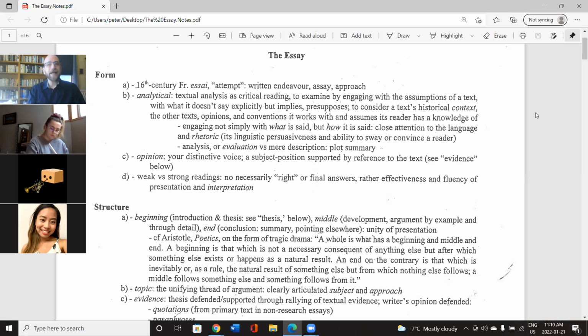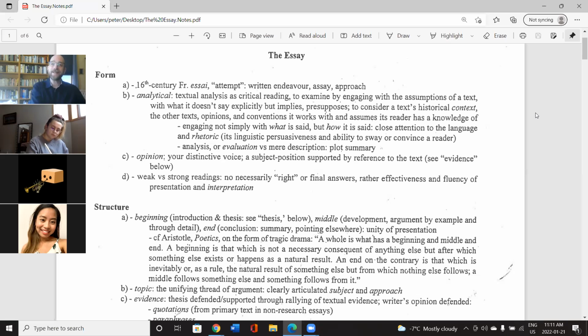That's what I mean by analytical analysis that demonstrates an awareness of what the generic, the formal attributes of these texts are, but also how they work with those various literary conventions and perhaps provide us with a twist on them or say something interesting about them. So you're not simply engaging with what is said in a text, in a critical essay, but also how it is said, a focus on the language of the text.